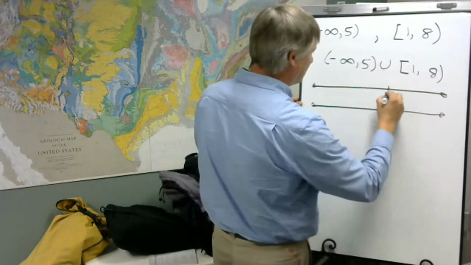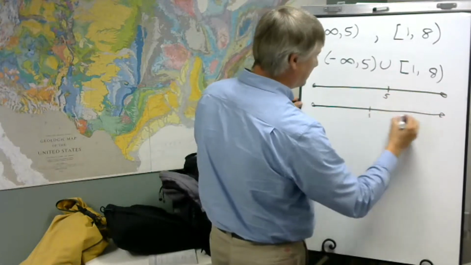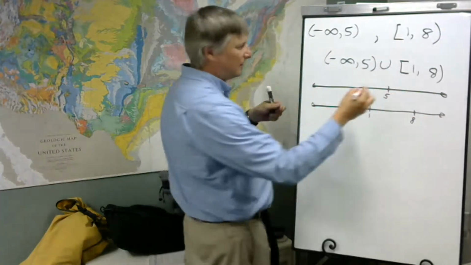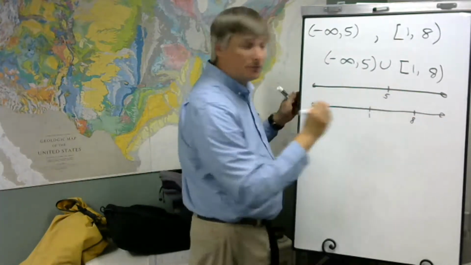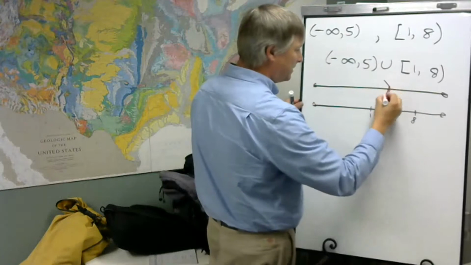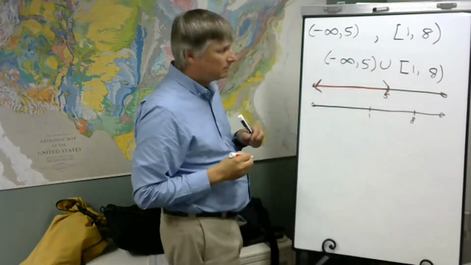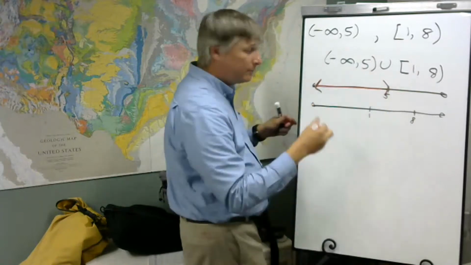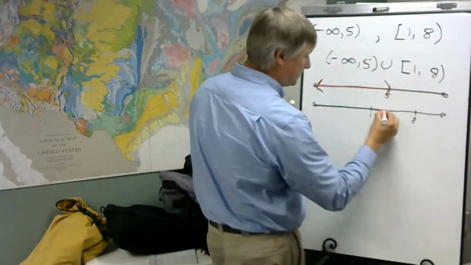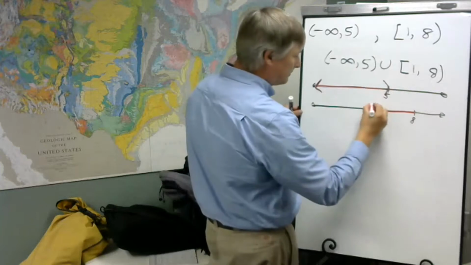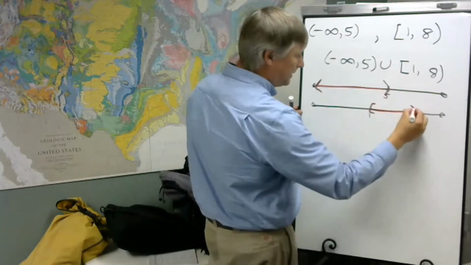Put 5 here, and we'll put 1 here, put 8 here. Now, for this one, we exclude 5, but we want everything below it, like so. Now, this one, we want numbers between 1 and 8. We've got that. We're going to include 1, but exclude 8.